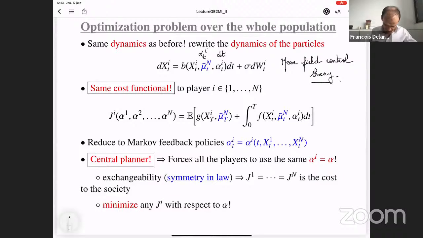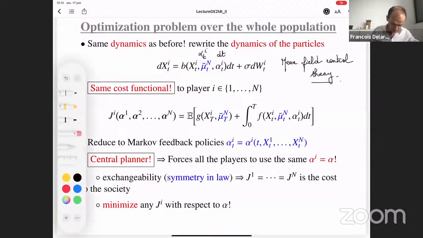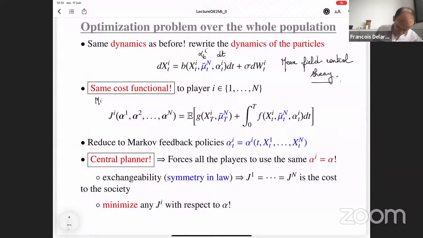Now you say that everybody has the same cost as before, but now what you want to minimize is not J^i for any given player. No, what you want to minimize is the total cost to the population. So what you want to minimize is one over N, the sum of the costs.